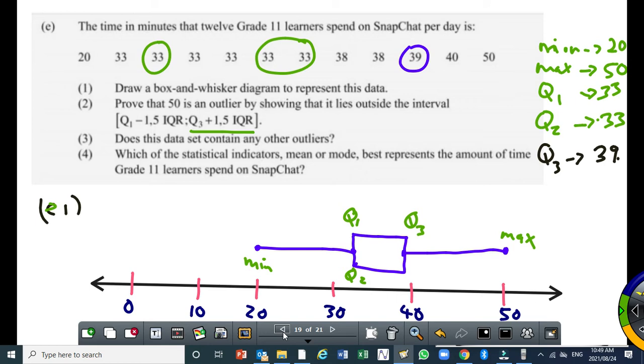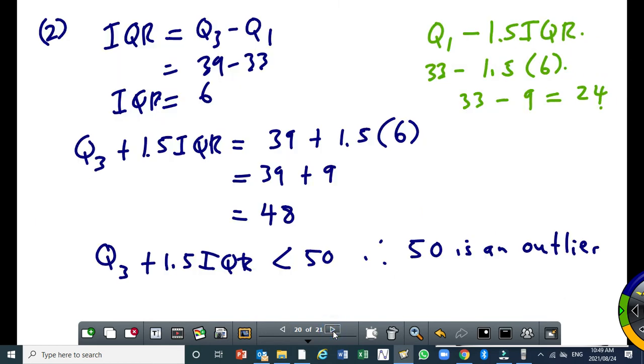So we have got two extreme values here: 20 and that 50. Okay? You following that?